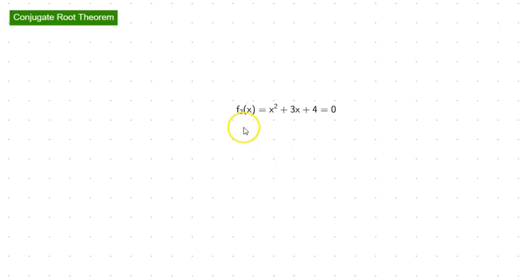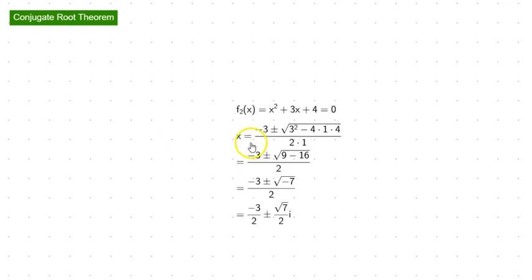So we have f sub 2 of x, meaning a quadratic, equal to x square plus 3x plus 4 equal to 0. Now let's find the roots using the quadratic formula. So x equals minus b plus or minus square root of b square minus 4ac, divided by 2a.